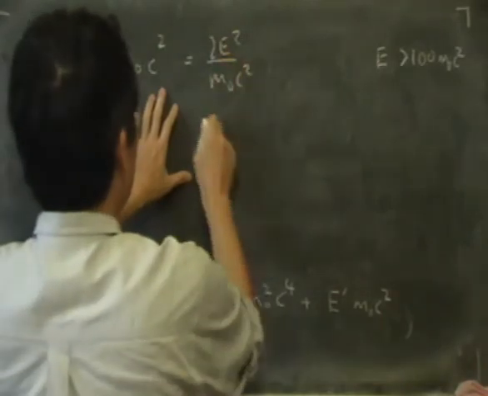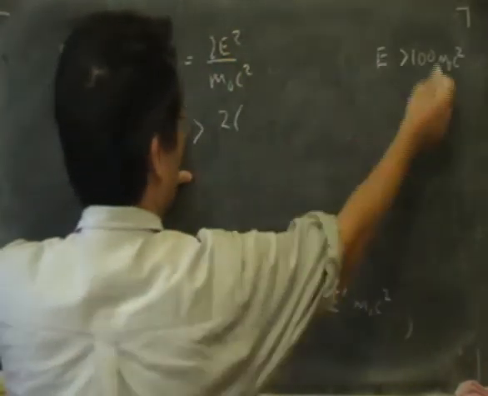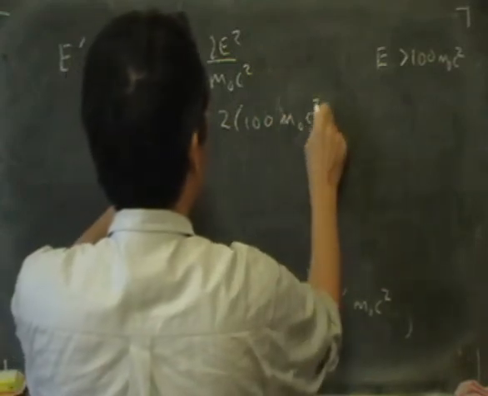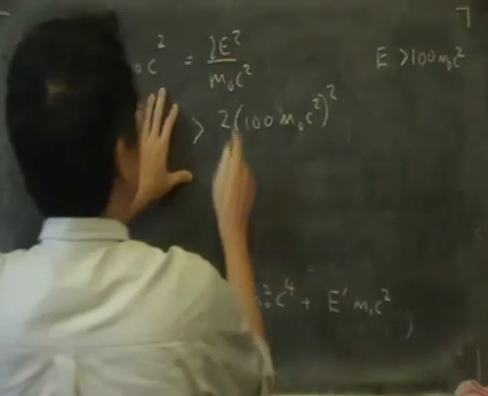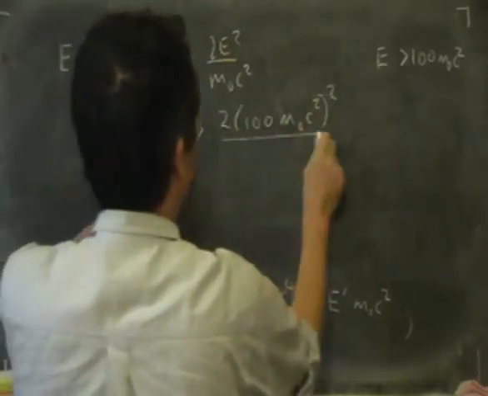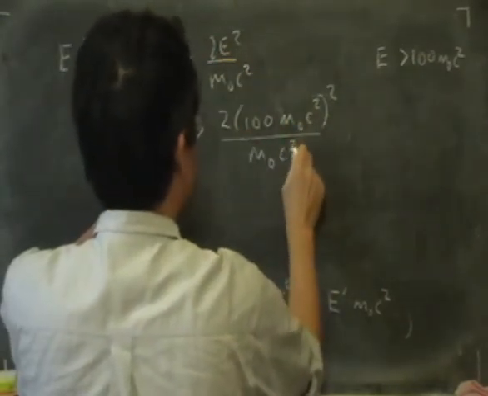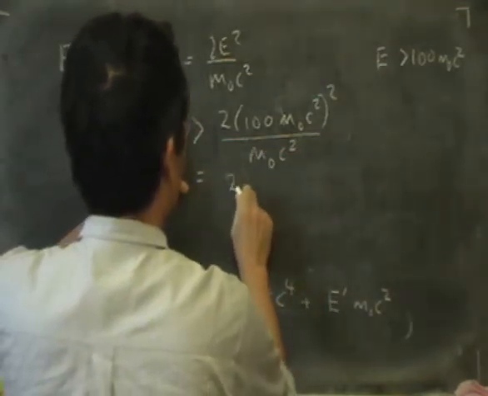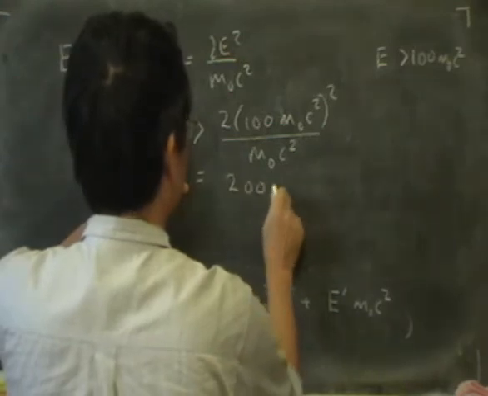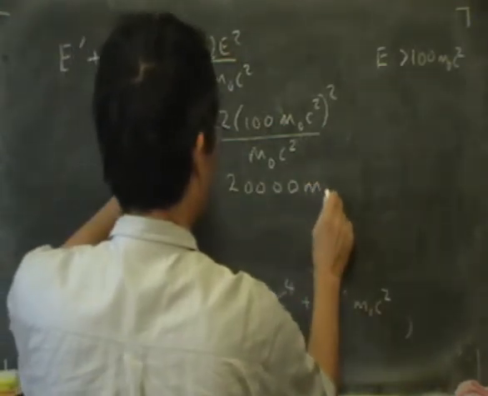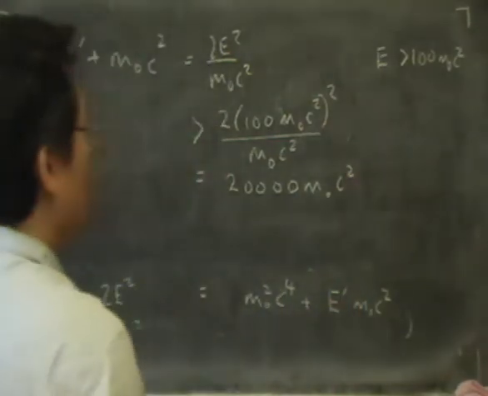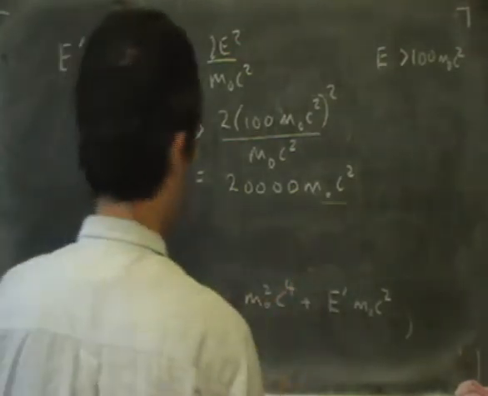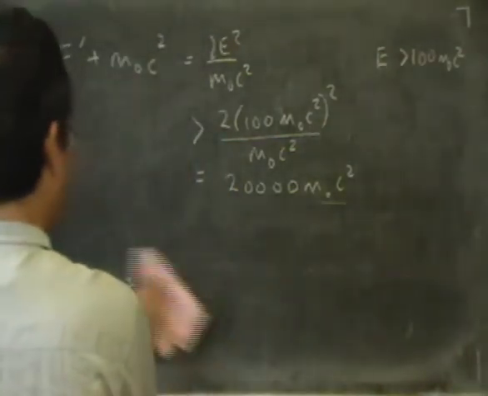So that means that this must be more than, if I put in those values, 100 m naught c squared, just plug those into there, over m naught c squared, which is 20,000 times the rest mass of a proton.